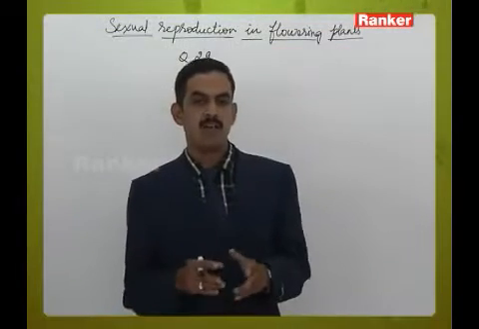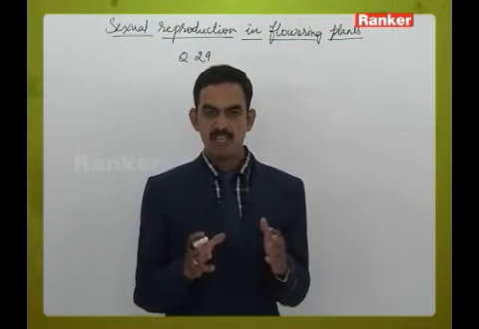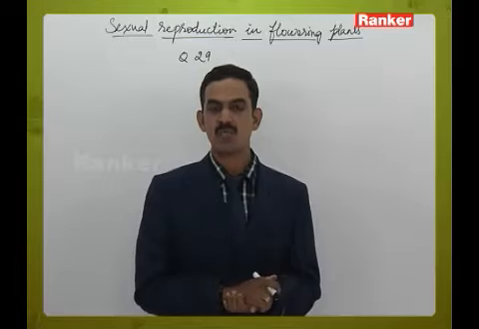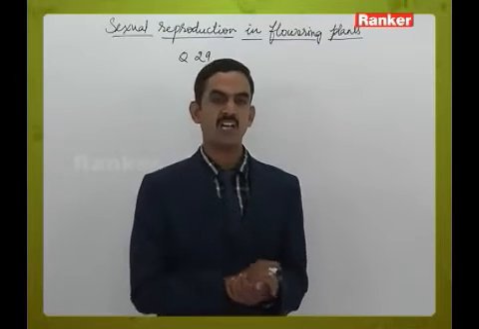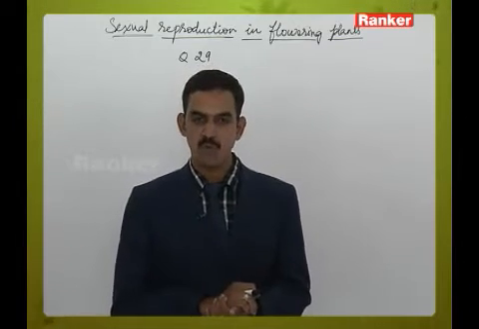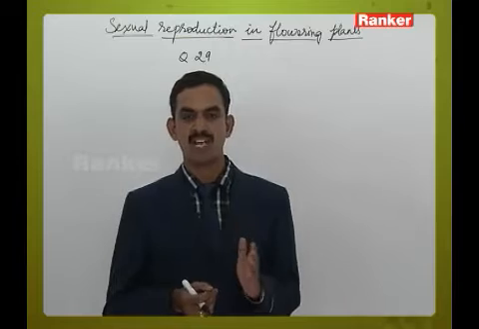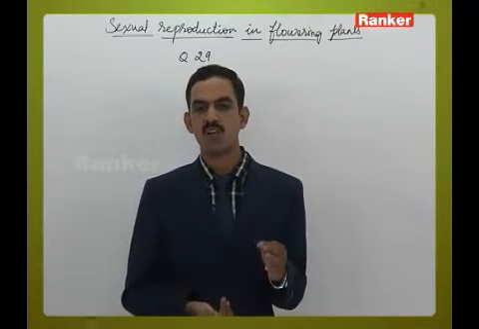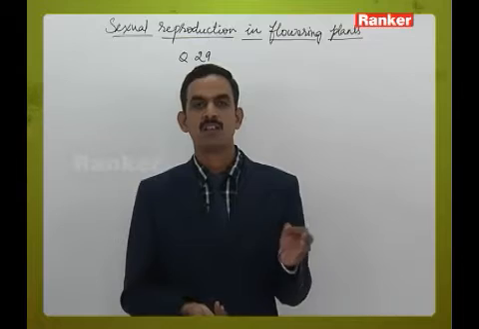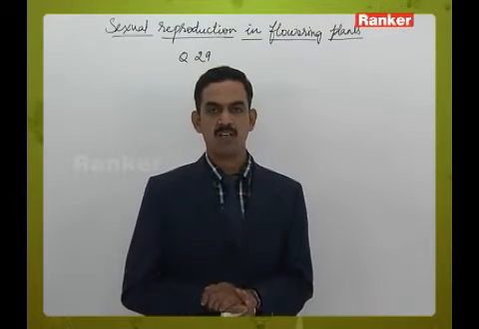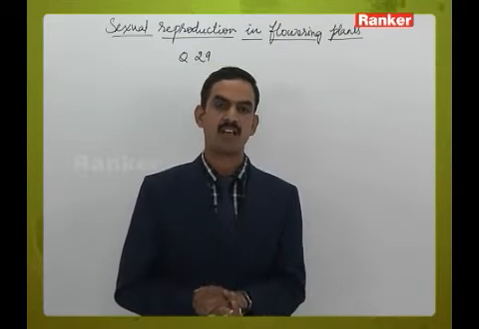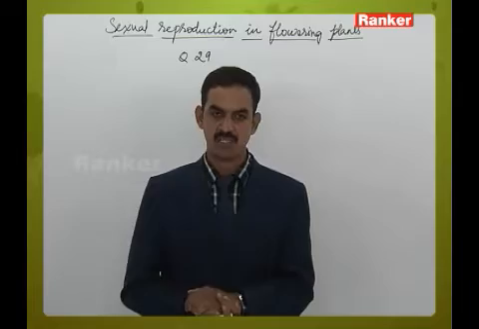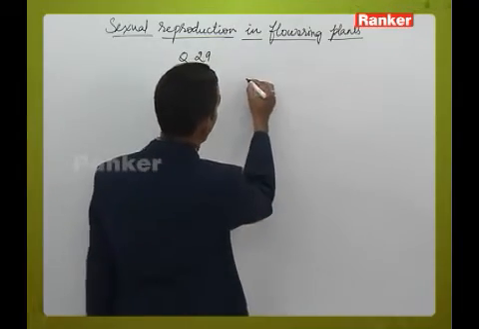Most of the items in list 1 are related to the entry of the pollen tube into the ovule, that is porogamy, mesogamy and chalazogamy, whereas D, emasculation, is related to the removal of anthers from the female flower in the artificial hybridization process. Now let's come to the first one, A. Porogamy.